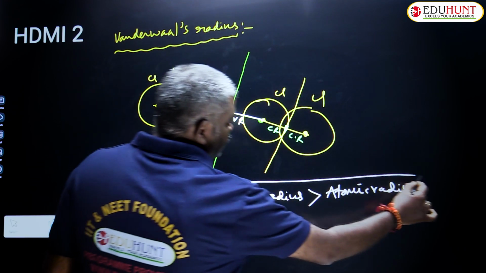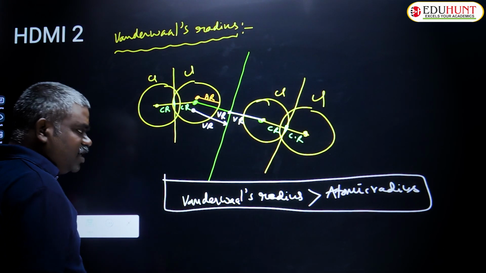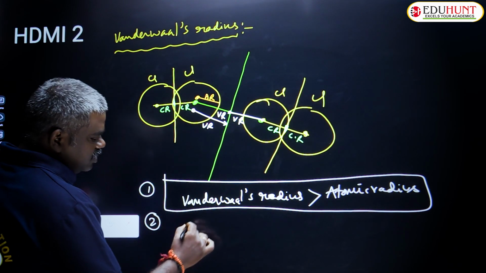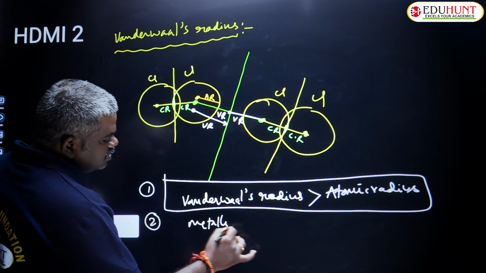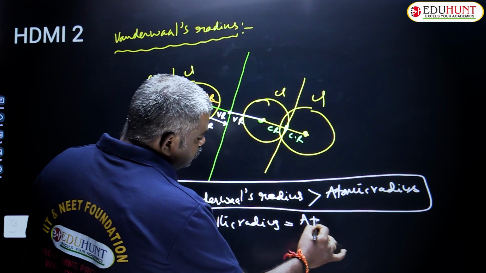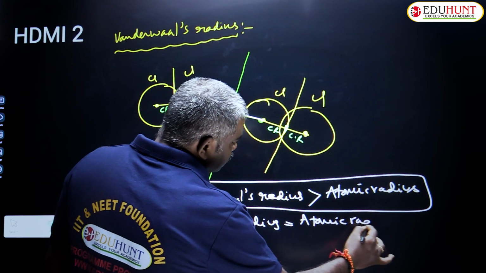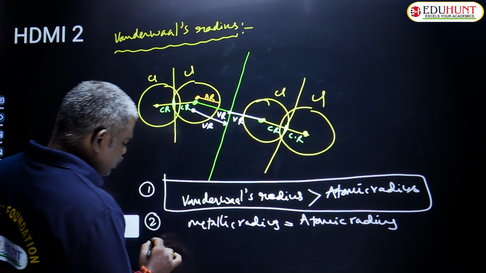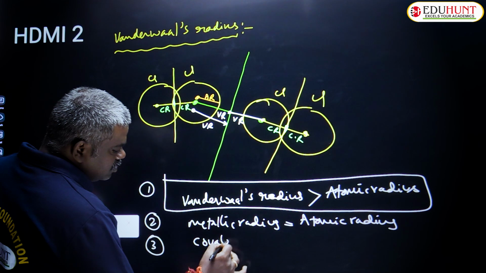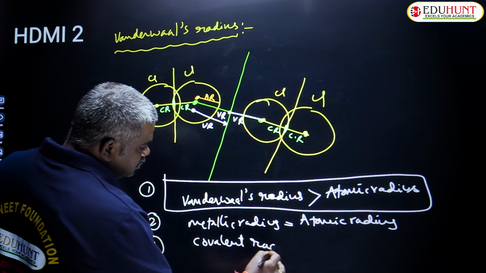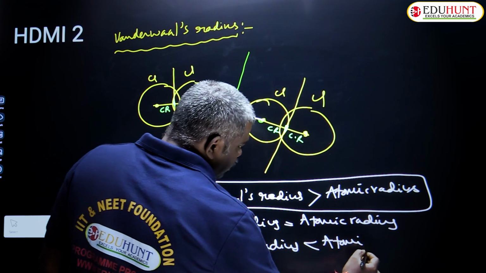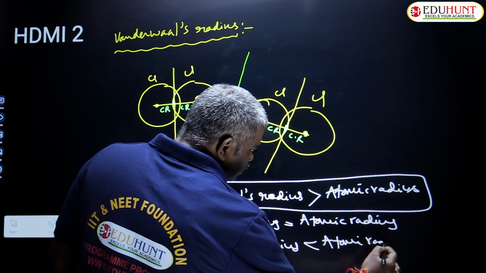Understood? See here, if you take three: van der Waals radius is greater than atomic radius, metallic radius is equal to atomic radius, and covalent radius is less than atomic radius.